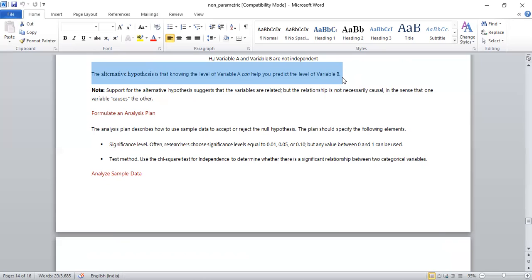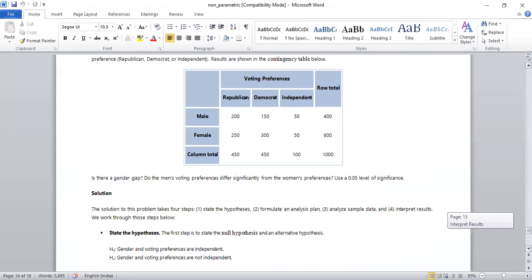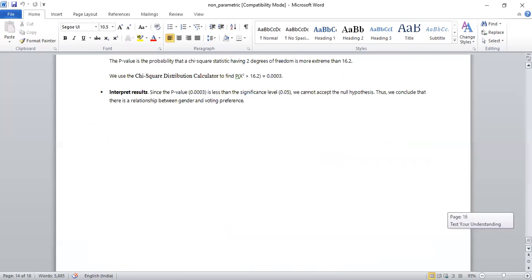So the levels of the categorical variable gender have an influence in predicting the levels of the categorical variable voting preference. Understood? So this is what the chi-square statistic is.